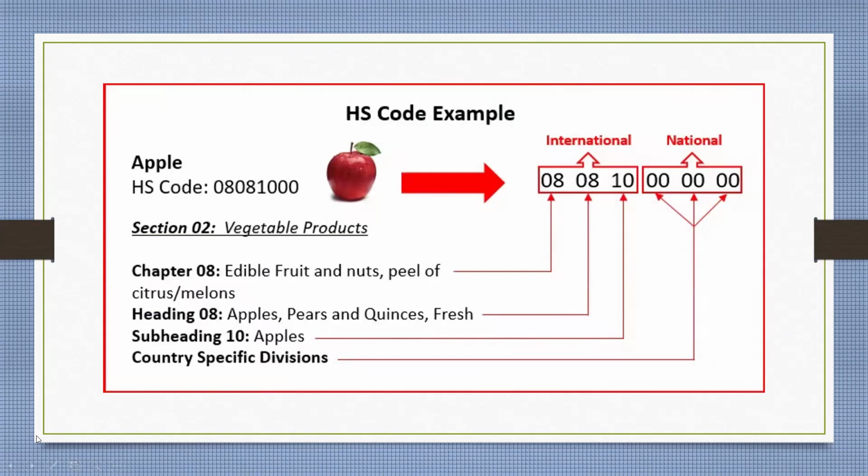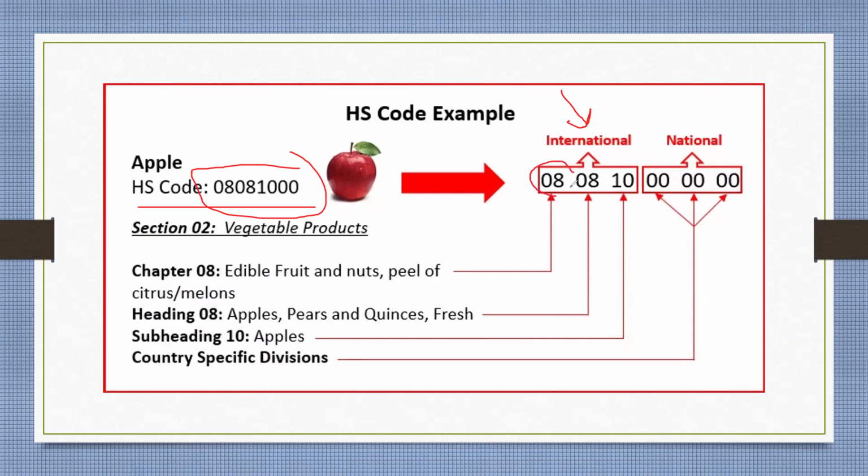Okay, so let's see next. This is an HS code example. So here you can see HS code for apple. That is this one, 0808100. So international and national: the first 6 digits give the information about the international place, and the national, local place it will give in the next digits. Like section 2. Section 2 is vegetable products.